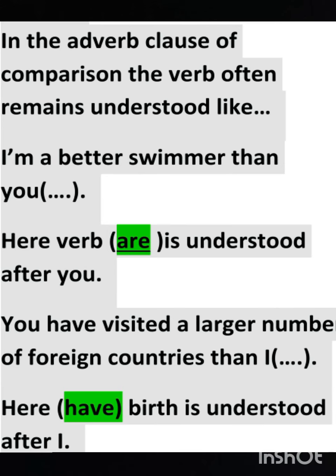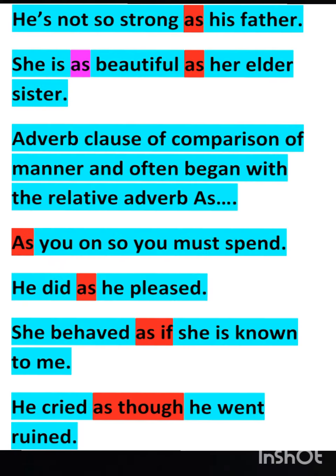You have visited a larger number of foreign countries than I. Here, the verb have is understood, that must come just after I. He is not so strong as his brother. He is as beautiful as her elder sister. See the rounded brackets, which show that these are understood.